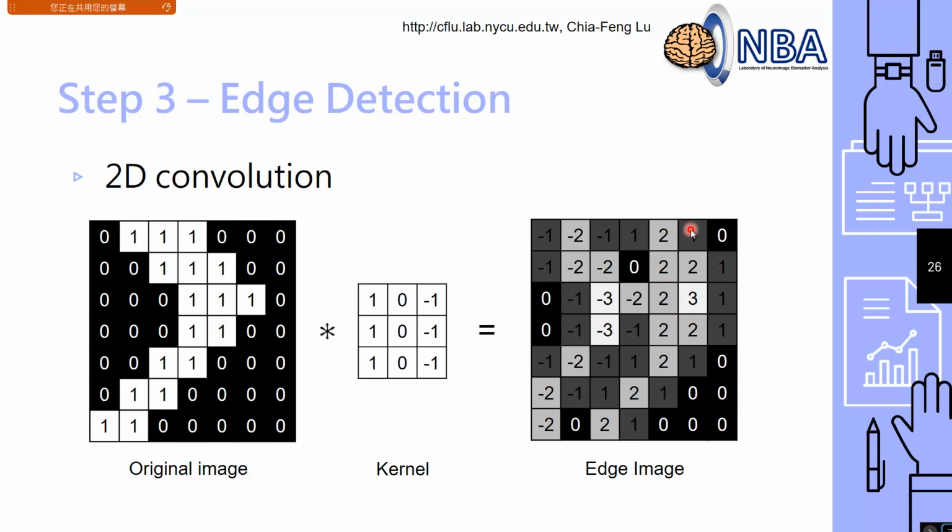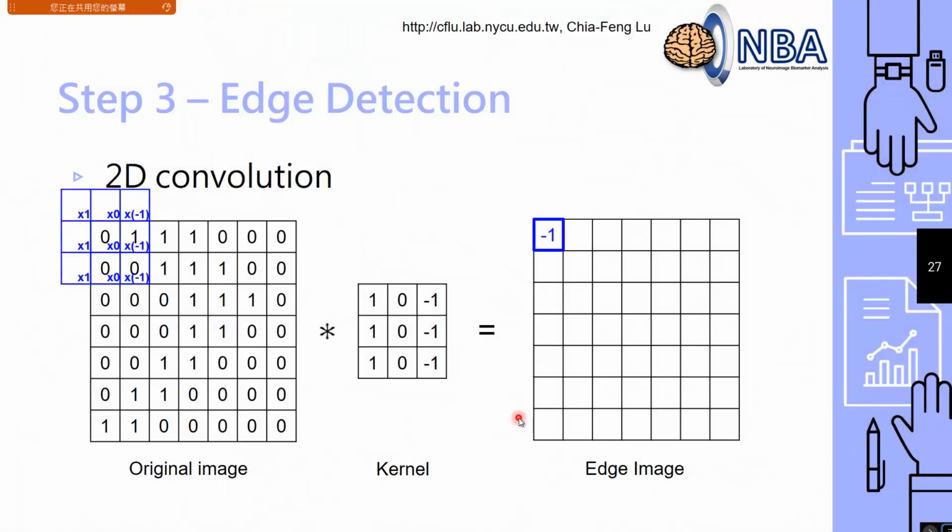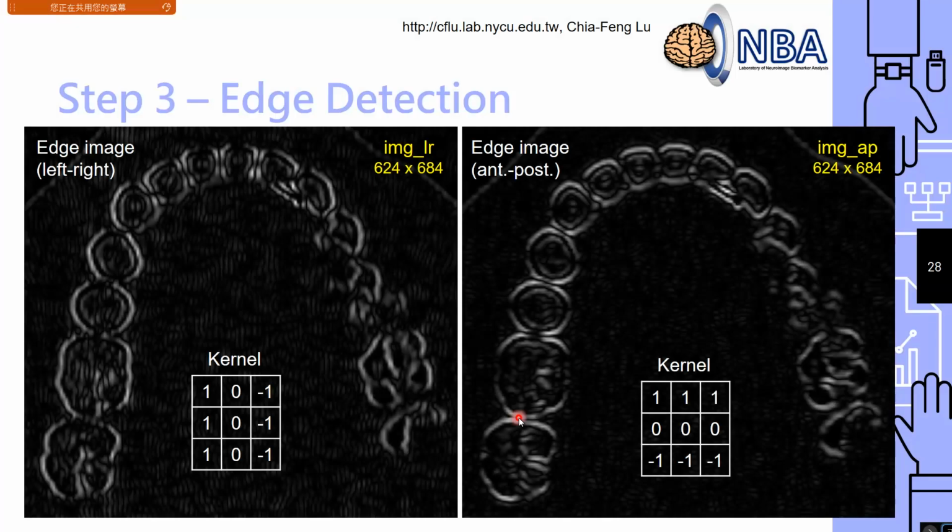But to be very honest, I don't care about this sign because I only want to know where the edge is. I don't care about whether this is a left side or right side. So what I can do is take the absolute value. I use the ABS function to get rid of this kind of negative sign, okay? This is the reason why I use the ABS.